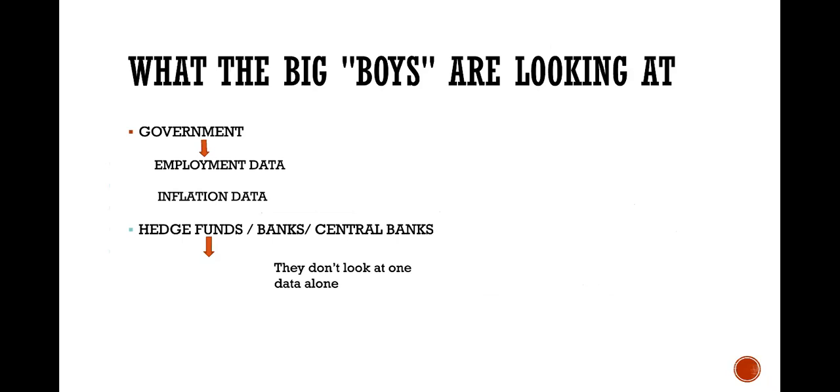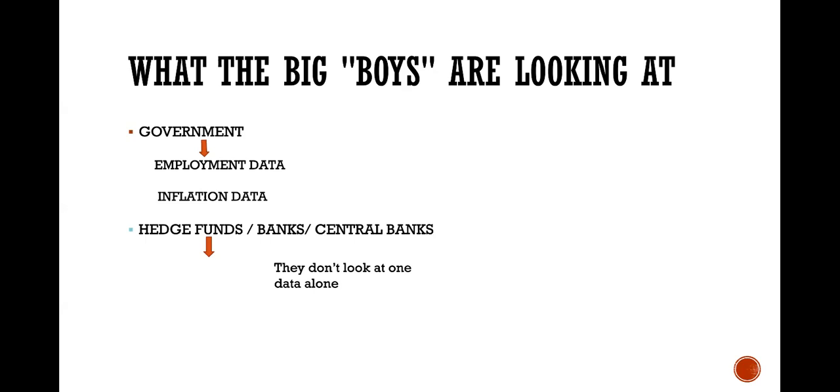So what are the big boys looking at? You also want to look at what they are looking at. Who are the big boys? We are looking at the government, the hedge funds, and the central banks. So what do governments look at? They look at the employment data, and then they look at inflation data. That's why sometimes the central banks work hand in hand with the government.